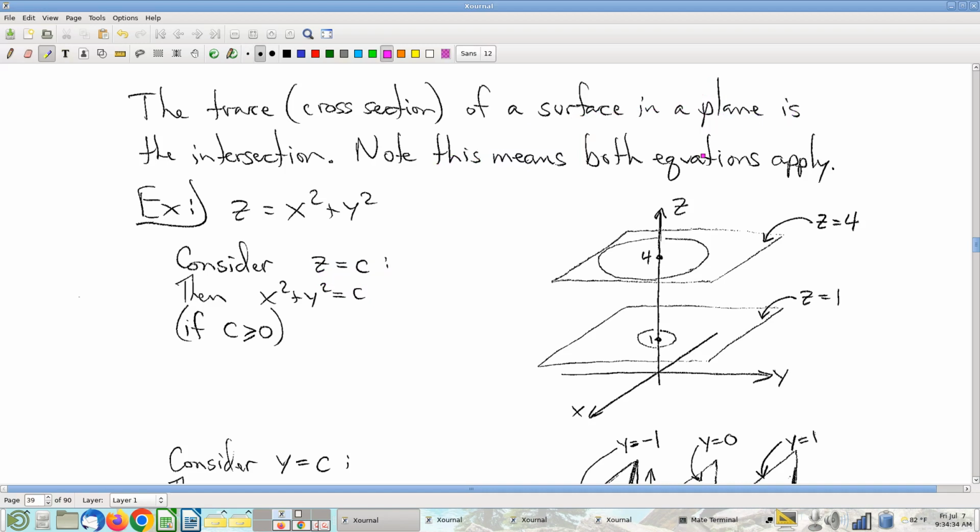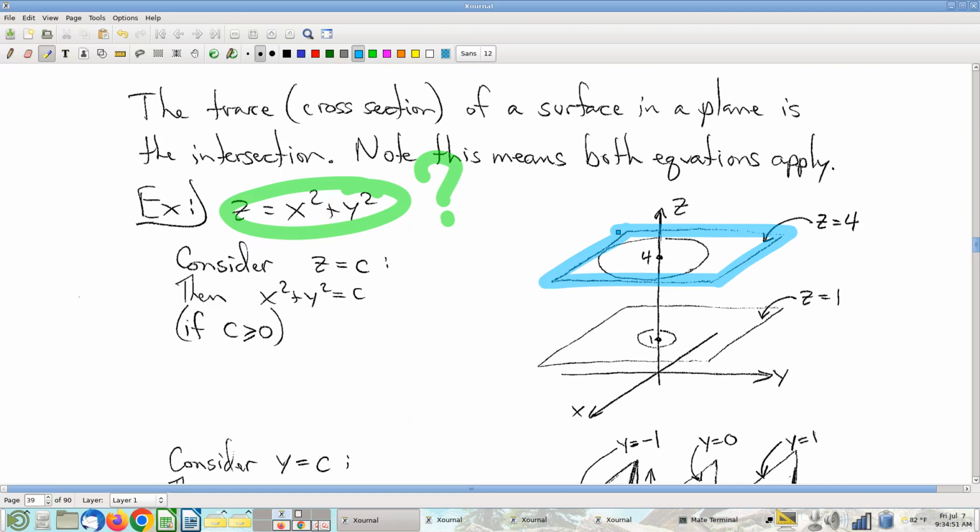Here's the big idea. We have this surface that we're trying to understand. I don't know what that thing looks like by itself. But what does the cross-section at height 4, for example, look like, if I take a cross-section of this by the plane z equals 4? Well, I set z equal to 4, but don't forget I'm looking for the intersection with the surface I already have up here.